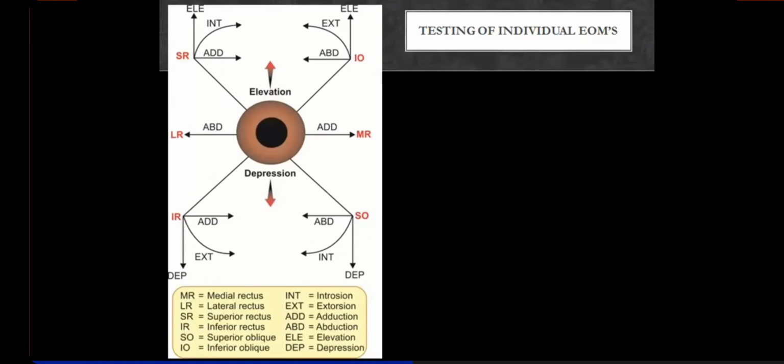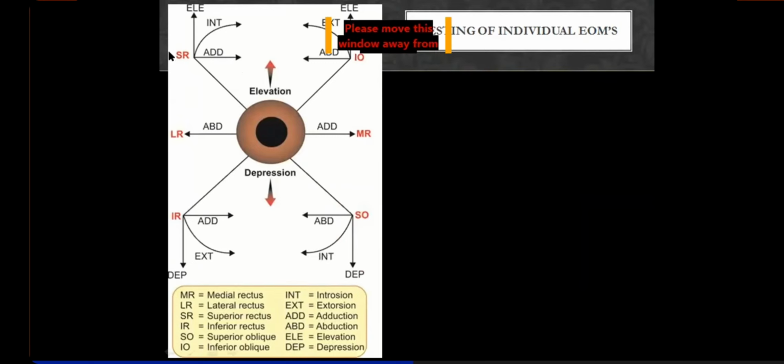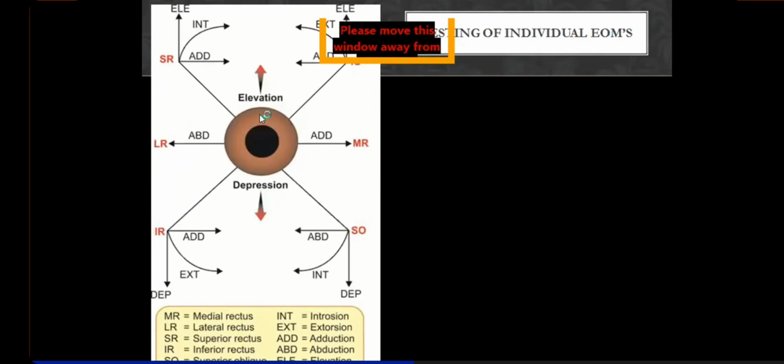Now, the testing of individual muscles. This is really very important because a lot of students have confusion about action and testing. Remember, when you talk about the action, I remember in NEET PG 2020 there was a question where an image was given with the eyeball having a gaze in a particular fixed direction, and it was asked what muscle is involved in this movement of the eye.